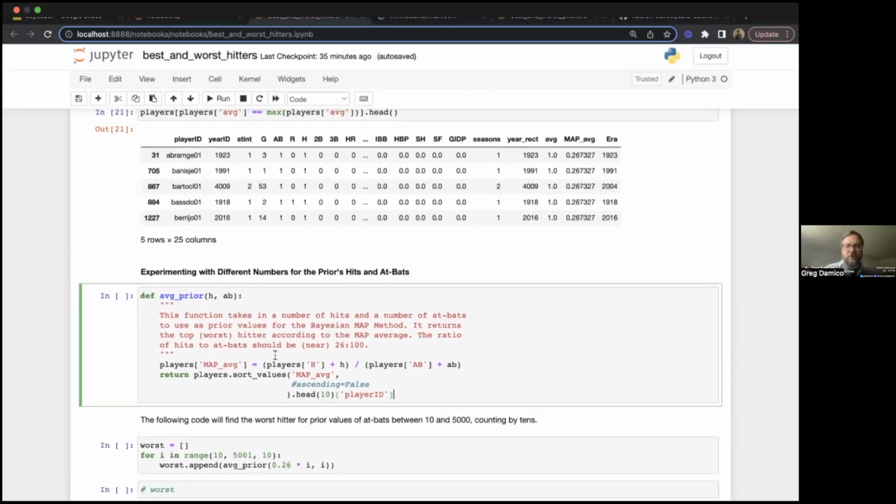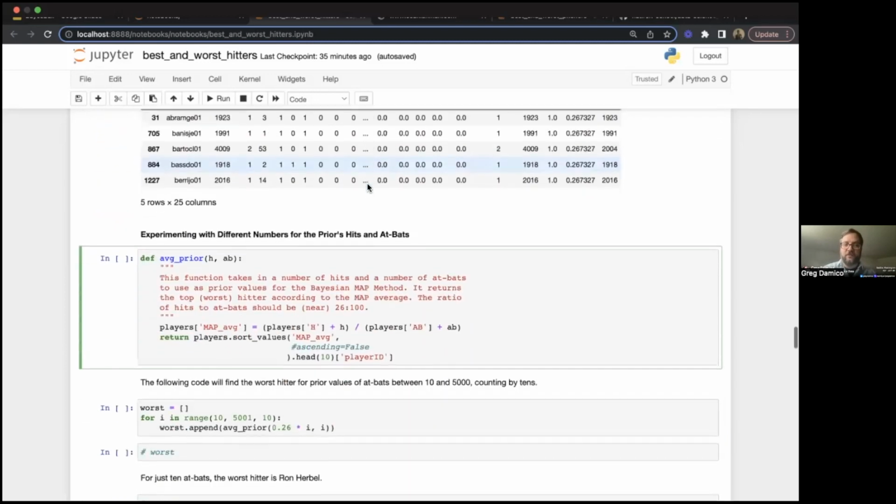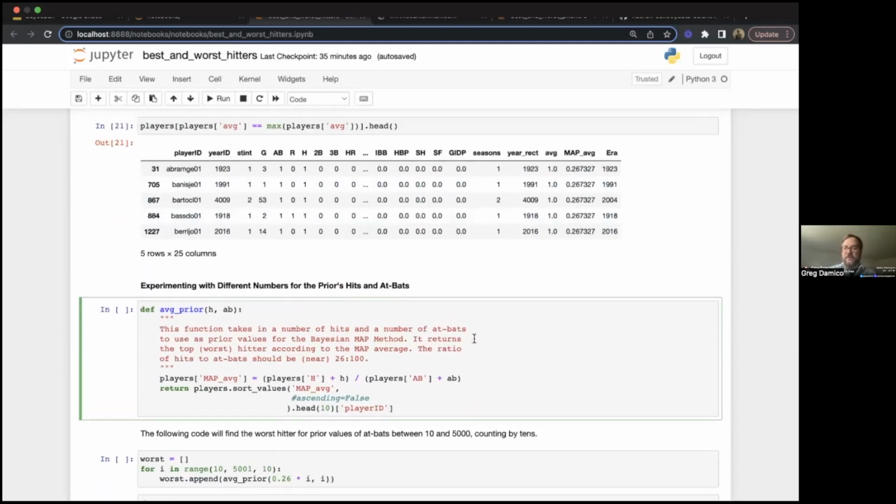What I'm going to do is start with the player's actual hits, start with the player's actual at-bats, and then add in a user-determined number of hits and at-bats as my prior. So if I set H equal to 26 and AB equal to 100, I would get exactly the ordering I just got, but this function means that I can put in whatever I want.